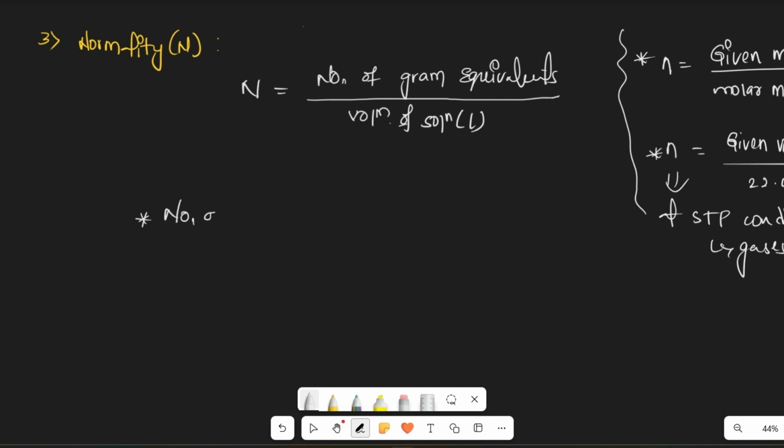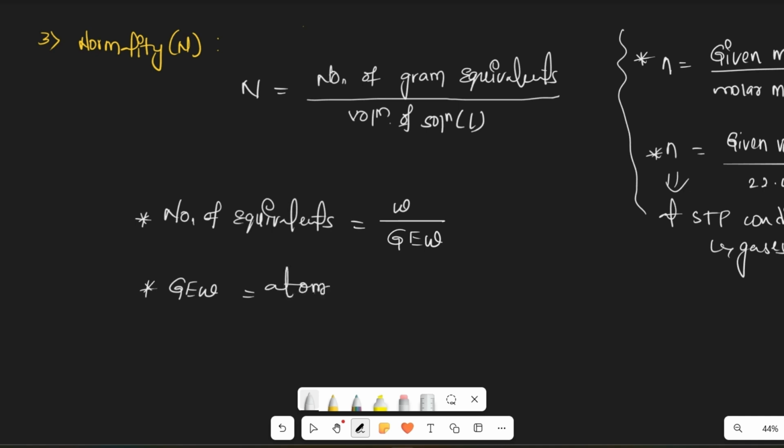Number of equivalents, or gram equivalents, is equal to given weight or mass by gram equivalent weight. Again, the formula for gram equivalent weight is atomic mass by n factor.